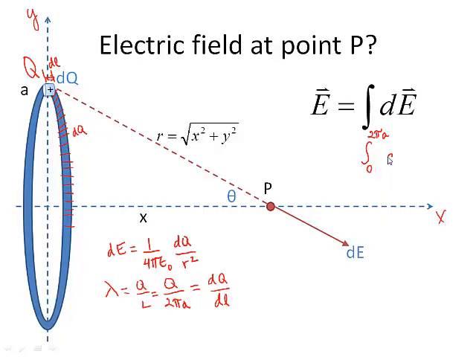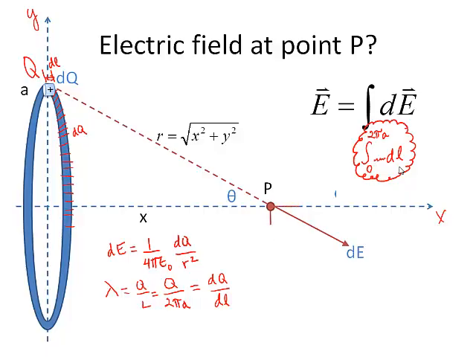So that variable will be dl. So we're thinking that the integral will look something like this. Integral from 0 to 2 pi a of something dl. So that's just what we're thinking the integral might look like in the end. Let's take a closer look at this dE. Remember, there are many contributions of dE due to all the different dq's that are on the ring.